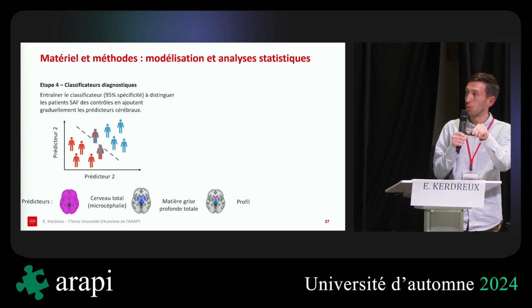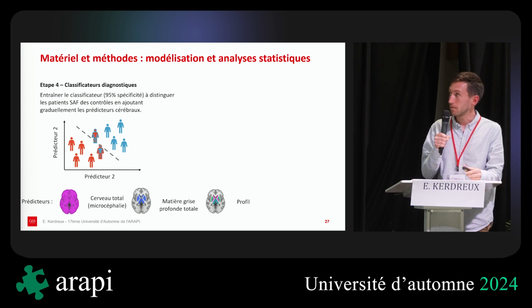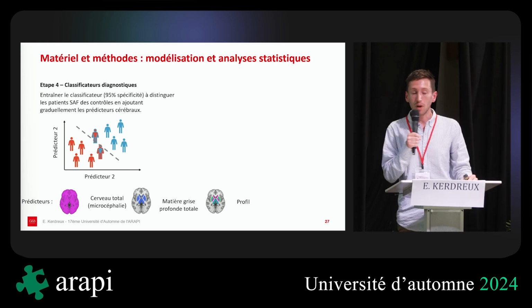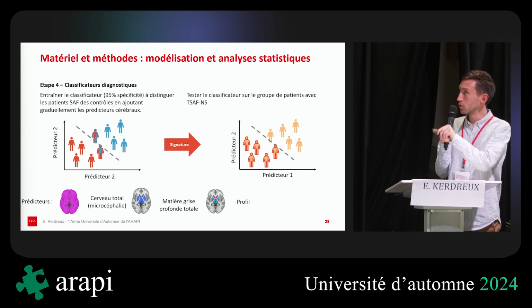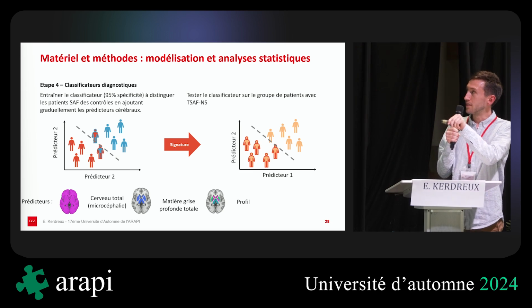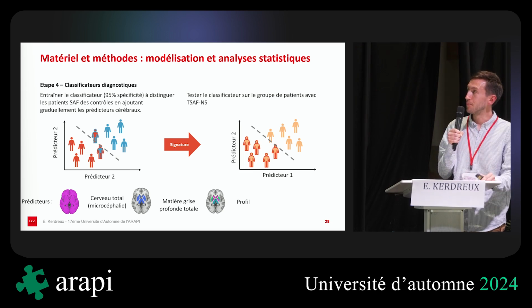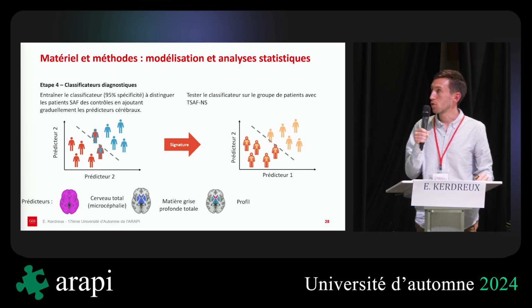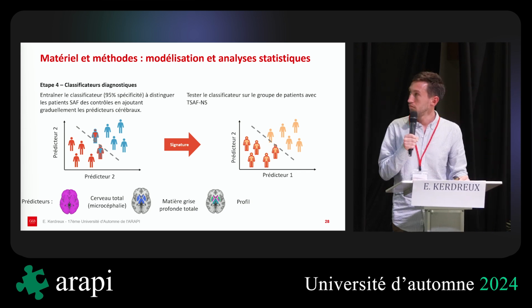The classifier was trained on a group of patients with a syndromic profile, and then we applied it to a group of patients with a non-syndromic form to try to identify if a group was presenting a signature that is compatible with the disease.